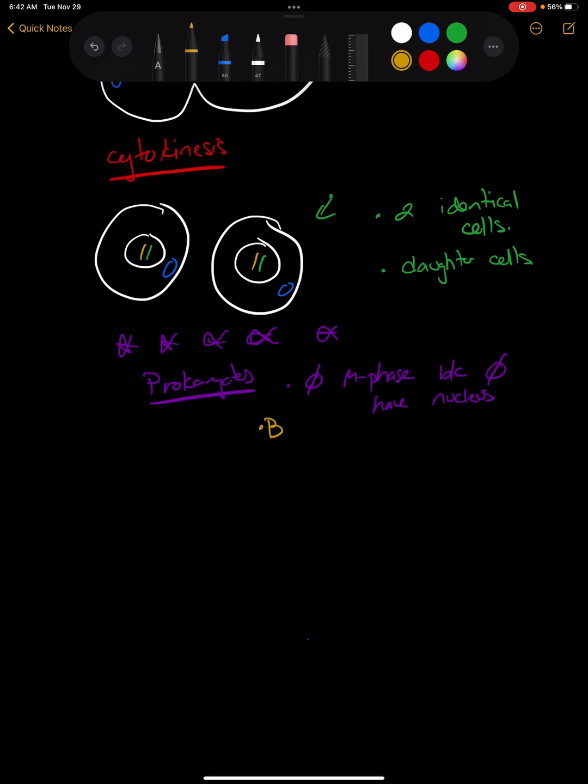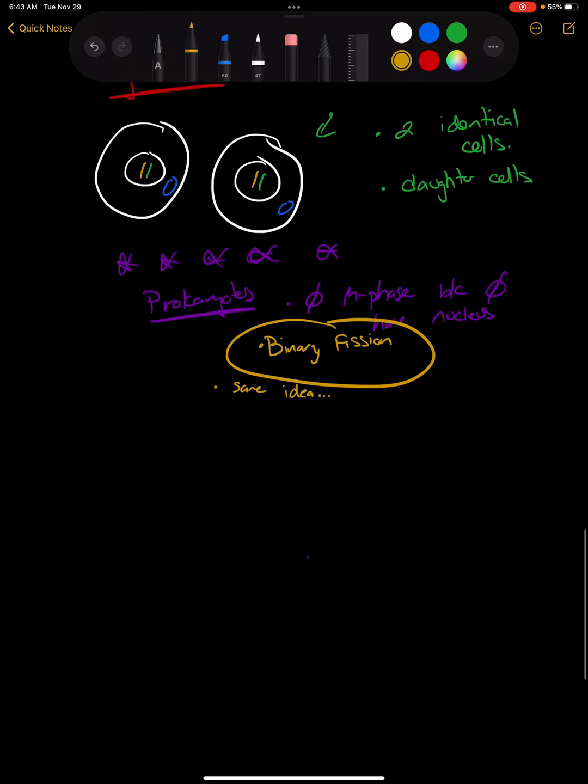They do binary fission. And it's the same idea. I'm still going to divide, I just can't do M phase because of the whole nucleus situation. So if I drew a pretty picture, here's my cell, and here's my stick of DNA.